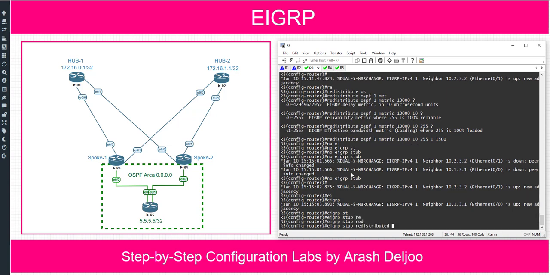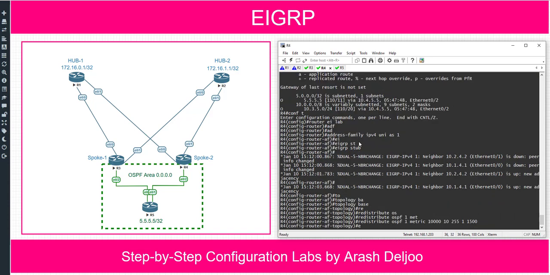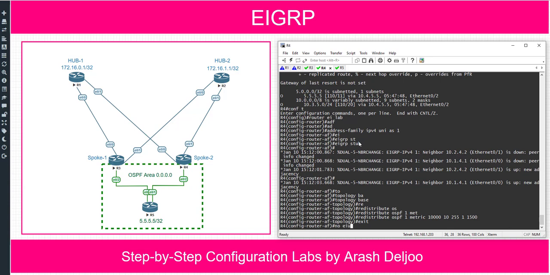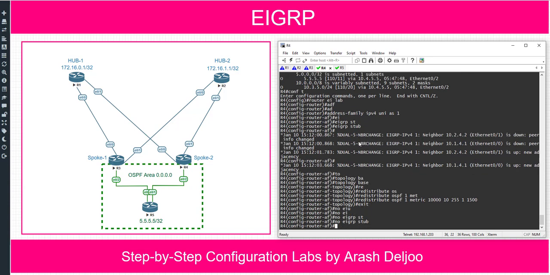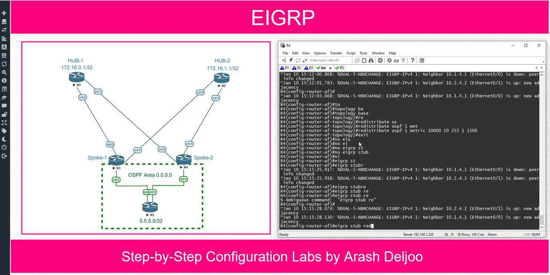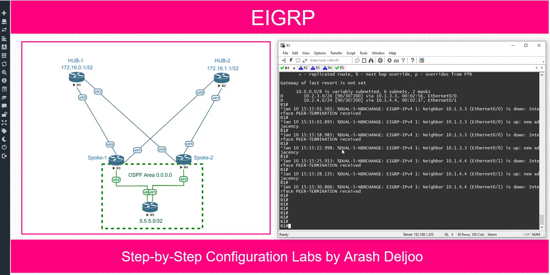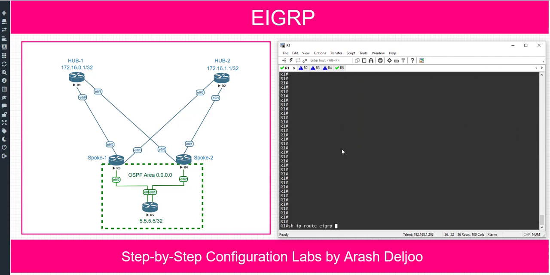It means that you are a stub router, and you should advertise only redistributed networks to, for example, the neighbors. And after that, in router 4 also, let me use no eigrp stub, and after that eigrp stub redistributed. That's it.